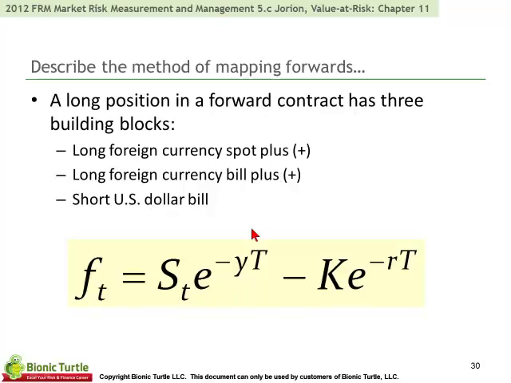Basically extracting the risk factors from this. So we're decomposing the long forward contract into 3 building blocks: long the forward currency spot, plus long a forward currency bill, plus short a US dollar bill.